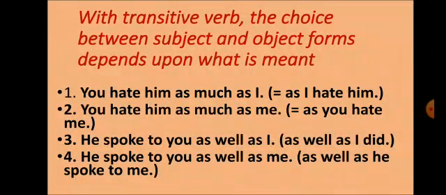It means you hate him, the way you hate me. Just using the subjective and objective case of the pronouns changed the meaning of the sentence. So whenever there are such kinds of verbs which are transitive, then the choice of subjective and objective case of a pronoun depends upon the sense of the sentence, what it wants to convey.